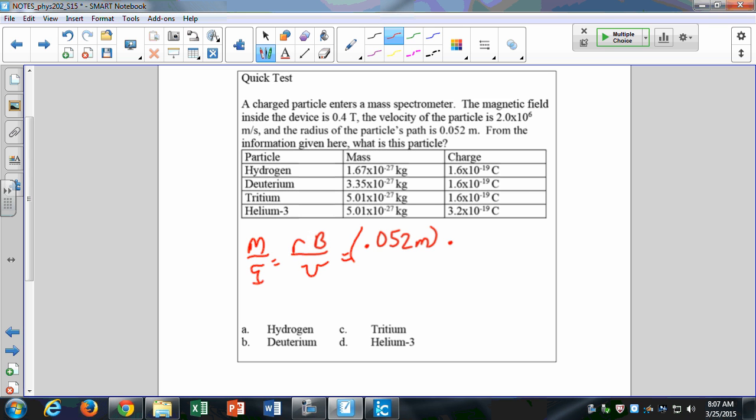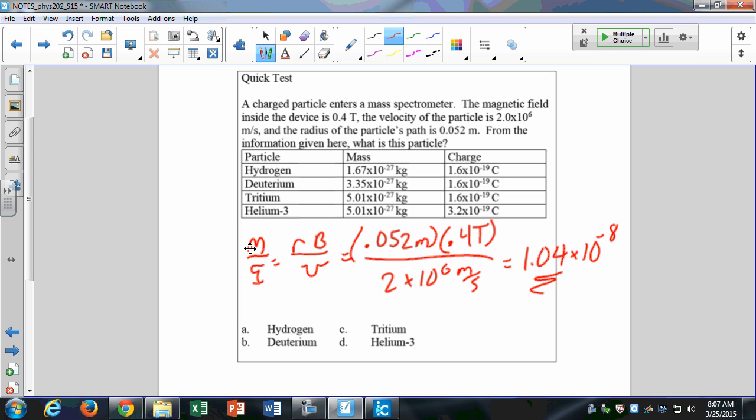Our magnetic field is 0.4 Tesla, and our velocity is 2 million meters per second. And that equals 1.0 something, right? Times 10 to the negative 8.